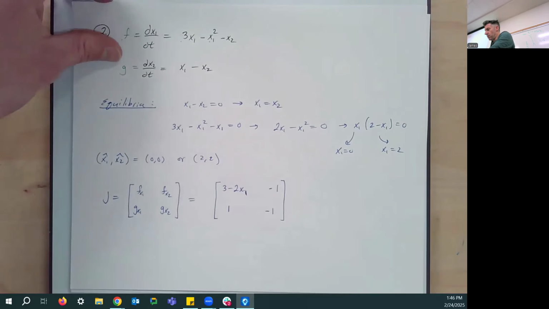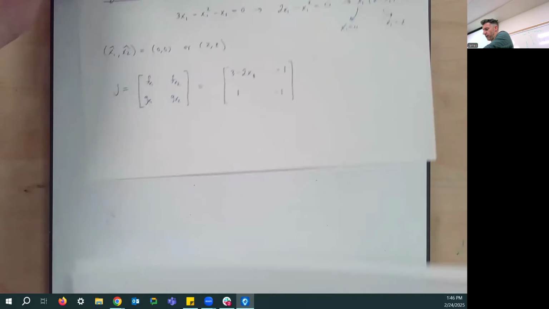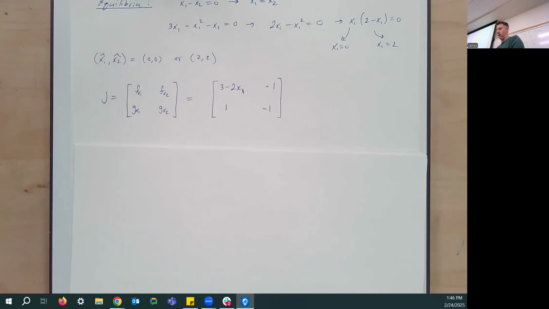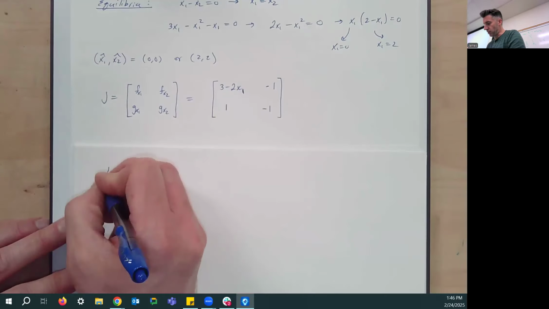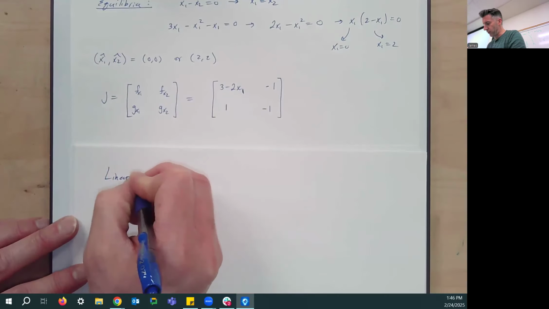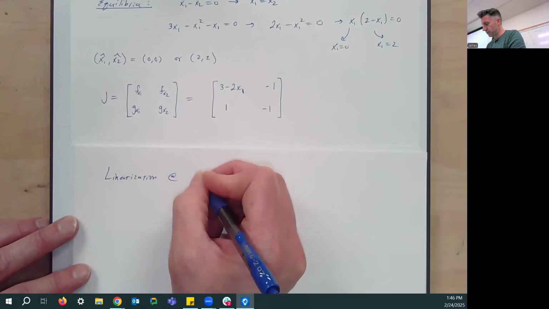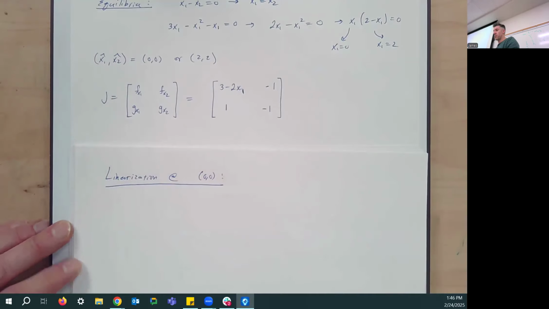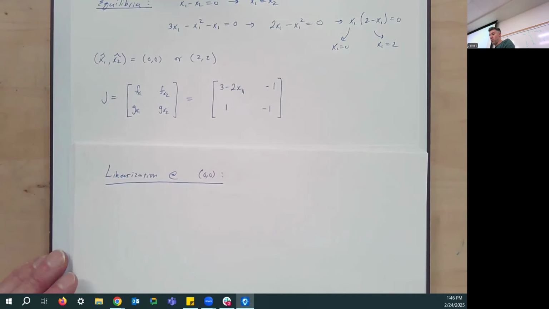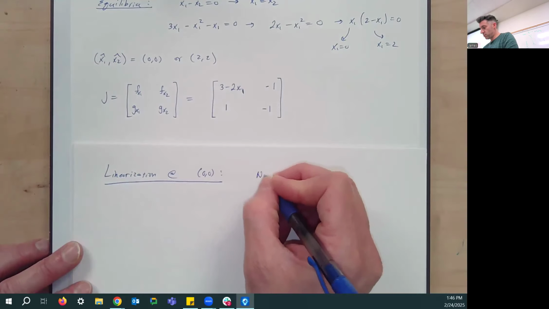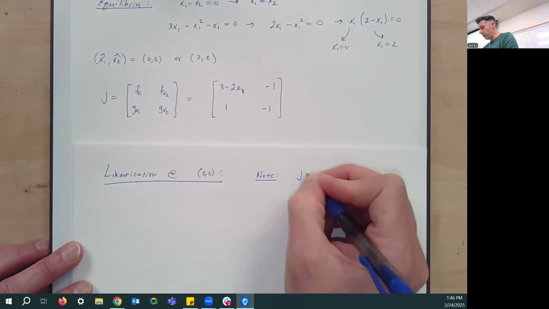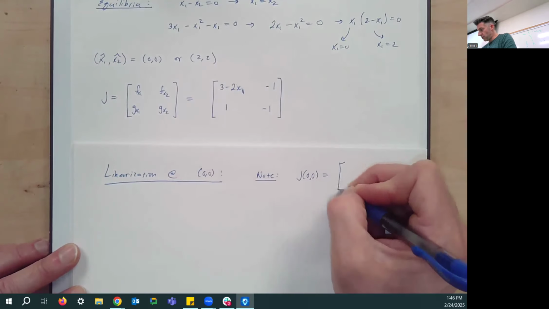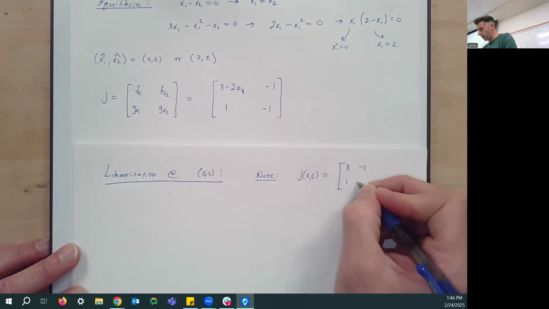Now, even though I'm not being asked to, I'm still going to find the linearizations. So usually the linearization is not super necessary, but it's still worth talking about. So the linearization, let's do 0, 0 first. Notably, the Jacobian at 0, 0, we're just going to plug in 0 for x1 and get 3, -1, 1, -1.